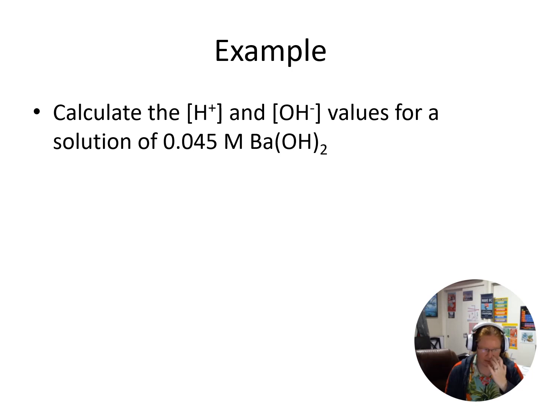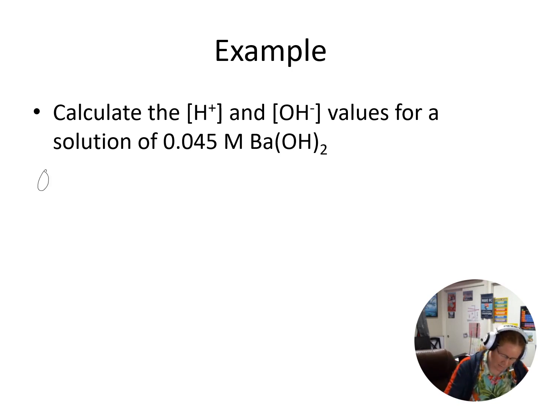Right now, we can take a look at some stuff with acid or base dissociation. So in this case, we're just going to use that Kw because we just want a hydrogen ion and hydroxide ion concentration. Well, we need one to get the other. So we have some barium hydroxide here. We have 0.045 molar.